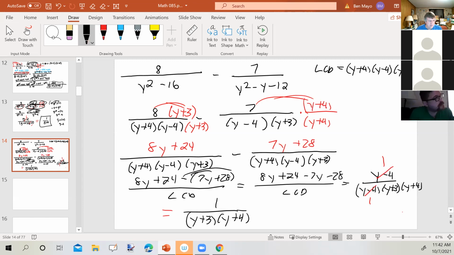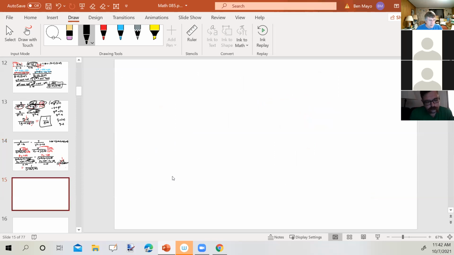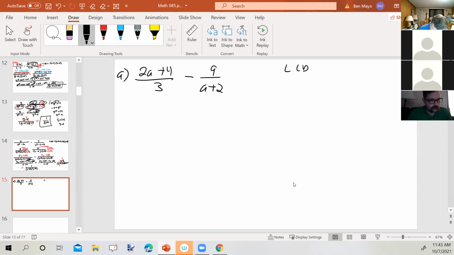My other one was 34. Okay. Part A or part B or both? Looks like both. Okay, so part A, 2a plus 4 over 3 minus 9 over a plus 2. I can't factor either denominator any further than it already is. So the least common denominator is 3 times the quantity a plus 2.